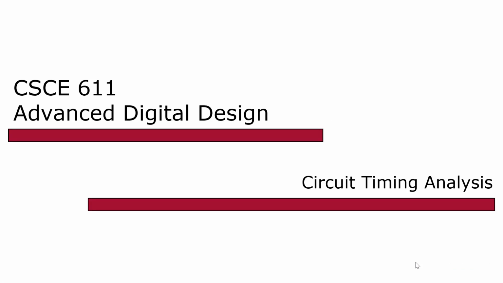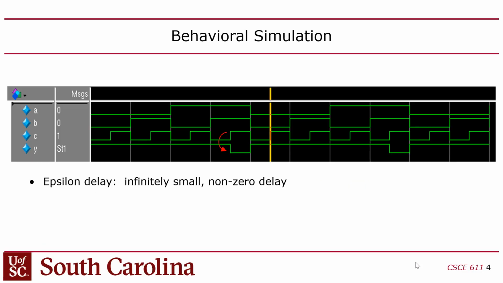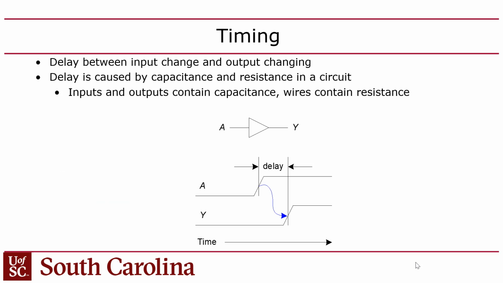Okay, so last time we were talking about timing analysis, and just to quickly review that, in logic there's a delay. Delay is caused by capacitance and resistance. So what that means is if you have a logic gate, there's a difference in time between when the input changes and the output's updated in response to that.